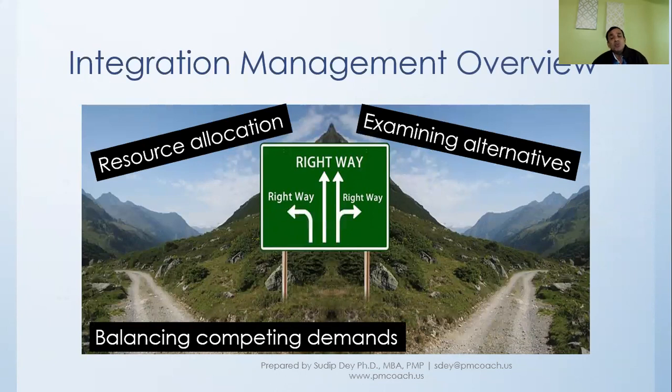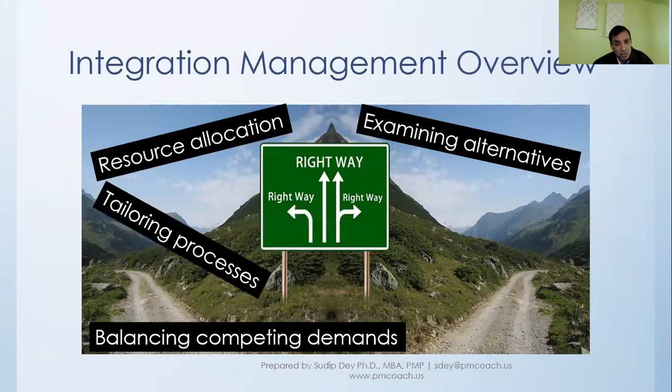As we move through the project, we have to constantly look at different alternatives. Maybe you are getting a vendor or supplier in your project. You have to look at the different suppliers and different alternatives, and you'll find each of them has its own pros and cons. You have to see which alternative works best for you.